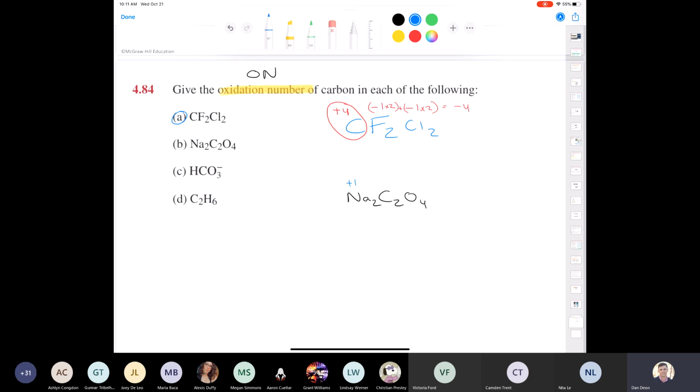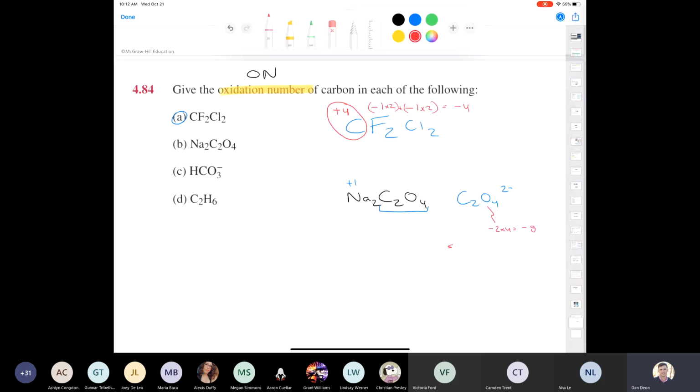Now, if there's 2 of them, that gives me an overall charge of +2. So that means that the oxalate ion, the C2O4, must have a charge of 2-. The oxidation number of oxygen is -2 unless it's in a peroxide, and I have 4 of those. -2 times 4 gives me -8.